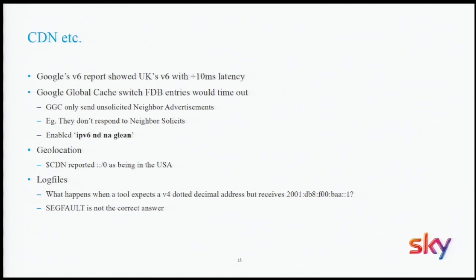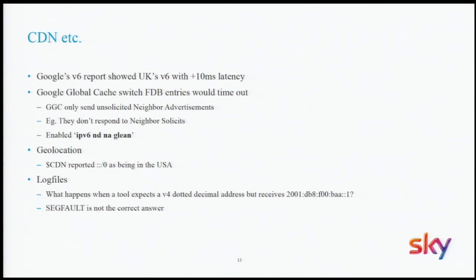We then started having a look at our GGC platform, and we were noticing that on the switches that our GGC servers were connected to, the ND entries were timing out, which is obviously suboptimal. And it turns out that Google, for whatever reason, "security" quote unquote, decide to only send unsolicited neighbor advertisements.